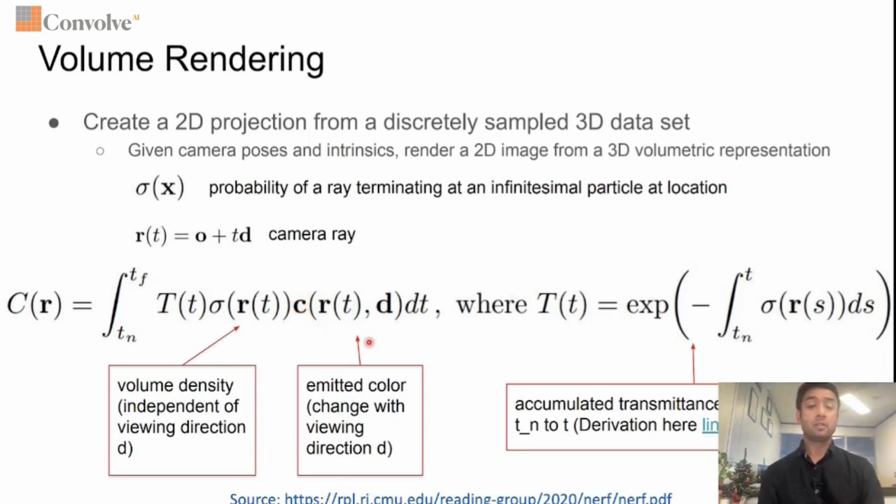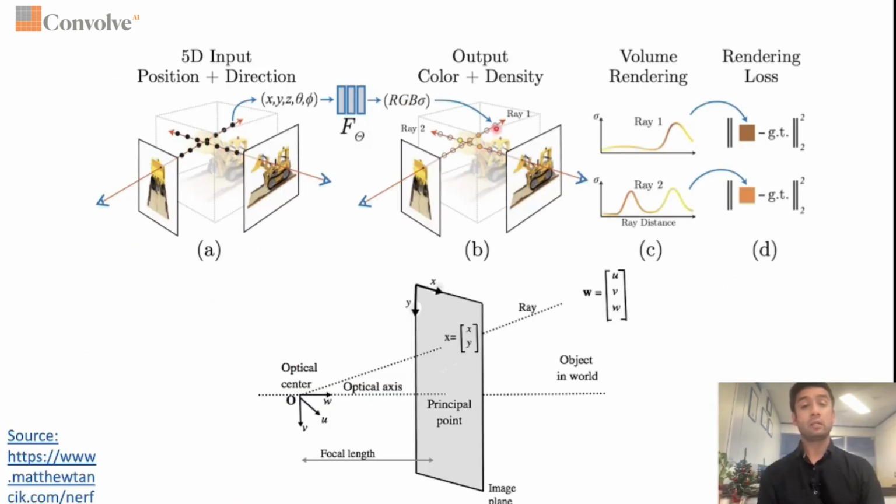This function C defines color for each point, sigma defines the importance of that point, and T defines the accumulated transmittance, that is, how much energy is left in that particular ray. When you integrate everything, you get the final color. So this equation is used to integrate all these points to get the final color at that pixel.